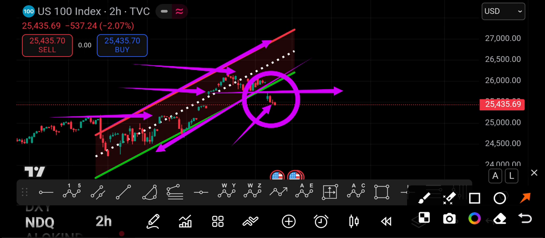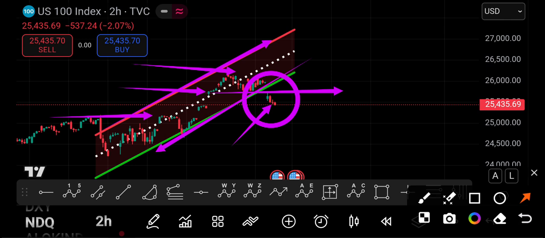Here we got two major negative signals. The first one is that the upward sloping parallel channel got triggered on the downside, and the second major negative signal is that its higher highs sequence shifted to lower lows on a closing basis. Whenever we notice that the higher highs are shifting into lower lows, we take that as a confirmation that the index is under correction, and the very first thing we have to do is protect our profit for a short term trade.